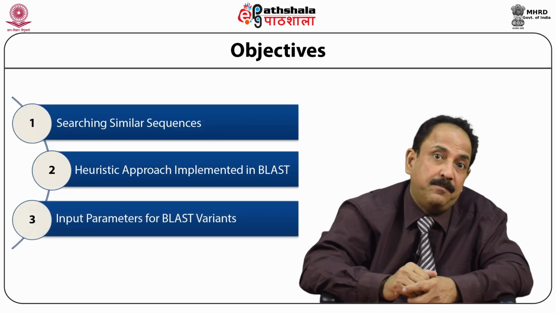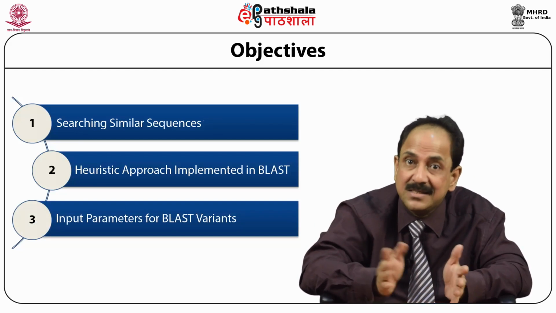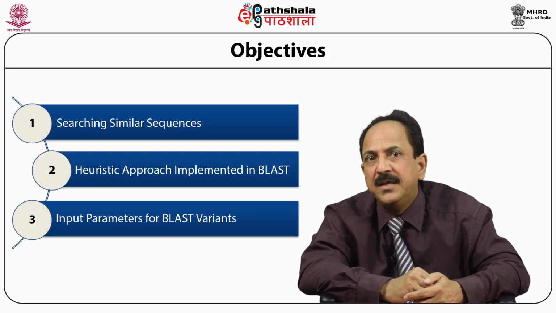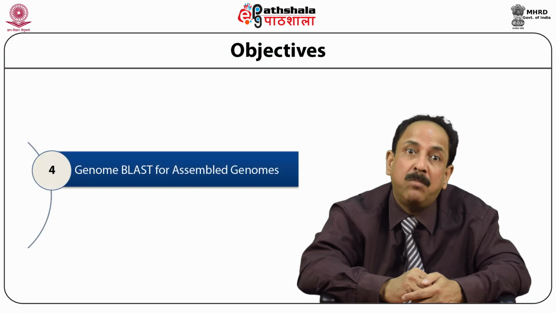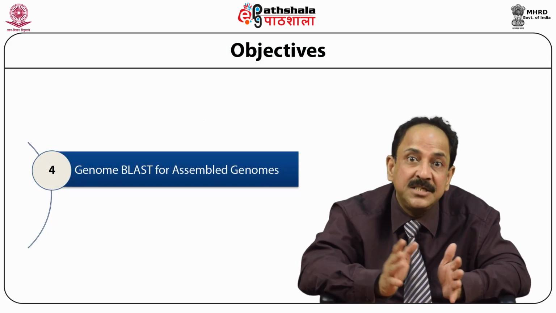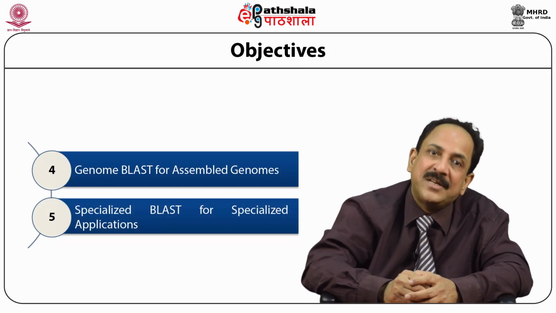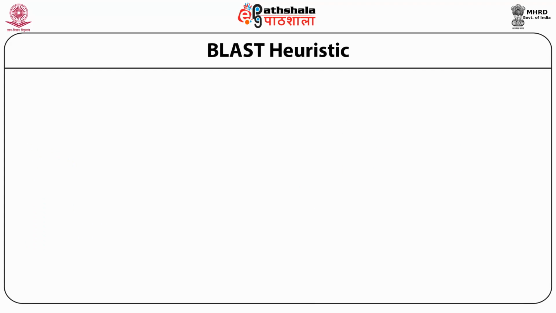Input parameters for the BLAST variants, that is BlastP, BlastN, BlastX, tBlastN, tBlastX, available for gene discovery will be introduced. Finally, we'll have a look at Genome BLAST for searching assembled genomes and specialized BLAST for specialized applications in biochemistry, molecular biology, and biotechnology.